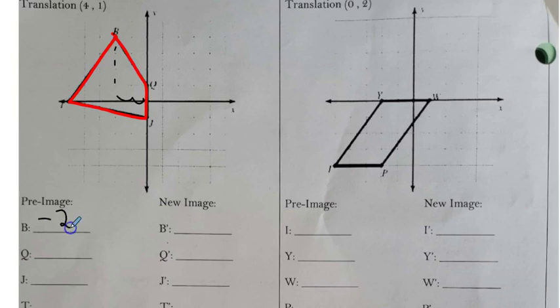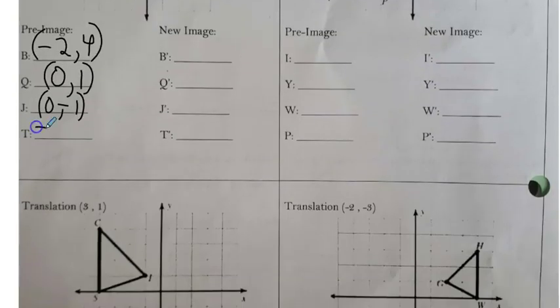So negative 2, comma 4. Q. Well, that's right there at 0, 1. That's pretty easy, on the y-axis. J is at 0, negative 1. Also pretty easy. Not much counting there. And then T is pretty easy also. It's at negative 1, negative 2, negative 3, negative 4, negative 5 on the x-axis at 0. So negative 5, 0.